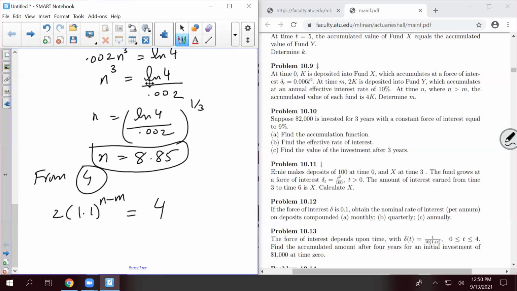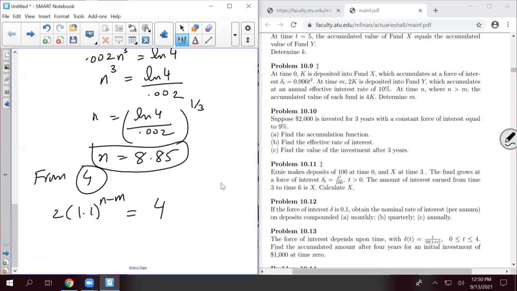And so yeah, Emily, what you were doing was you were thinking that okay, k is deposited at 0 and then 2k is deposited, so the sum should be 3k. You were forgetting the interest because k was growing over 4 years to something else, and the 2k also grew over n years to something else.